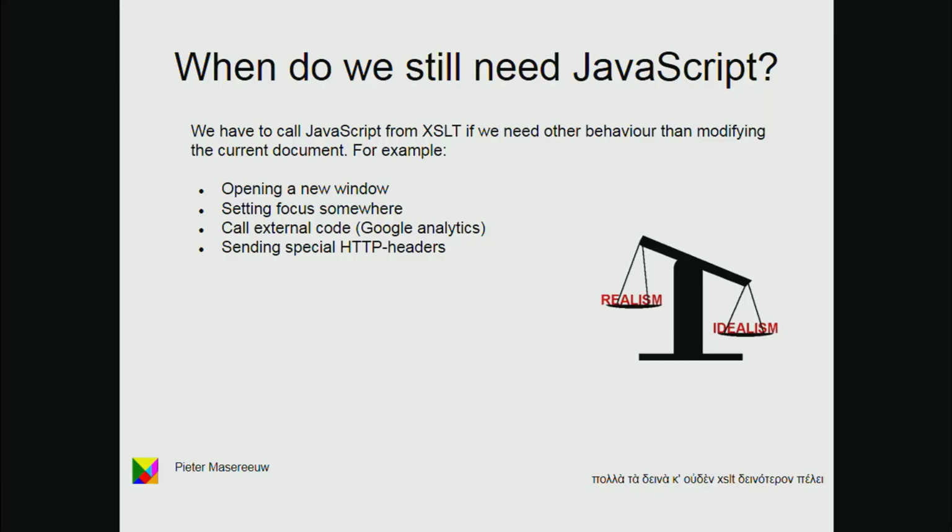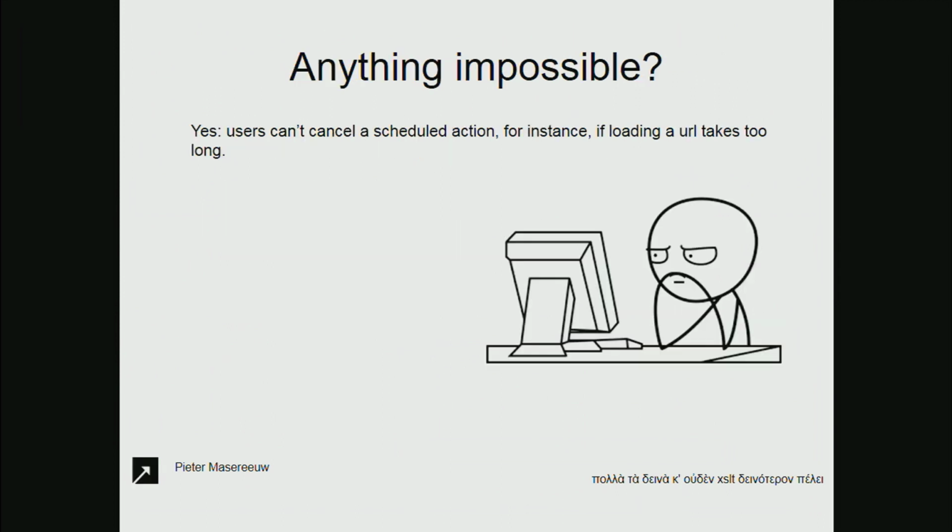I already told you that in some circumstances we do still need JavaScript because Saxon-JS is about modifying the document, and if you do things that go beyond that, like I show here, you have to go to JavaScript, and my application does contain 15 or 20 lines of JavaScript. There are also things that are hard to do.